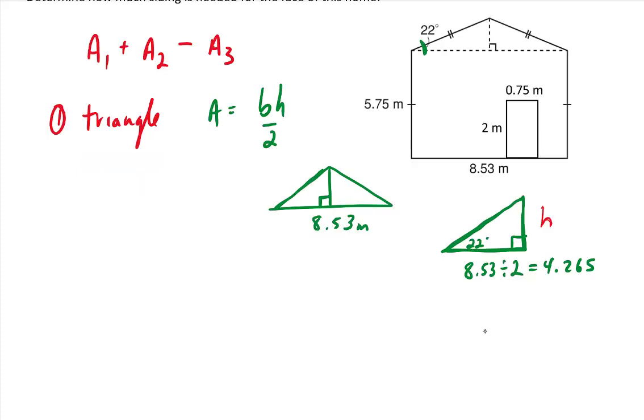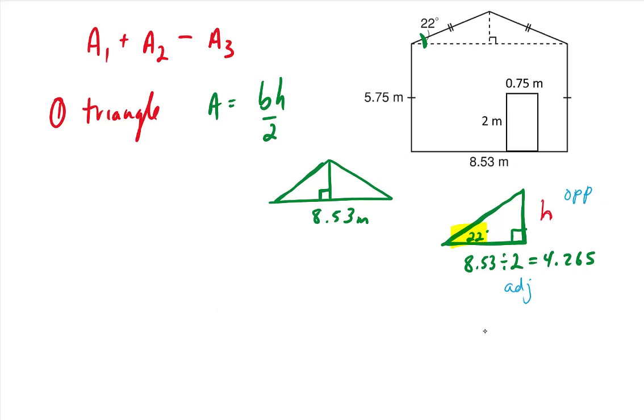If I look at this triangle, my angle of focus is 22, and this would be the opposite side, this would be the adjacent side. So I'm going to use my tan ratio. So the tan of 22 is equal to the opposite over the adjacent. And I'm going to solve for the height of this triangle. So remember, our next step is to isolate for h.